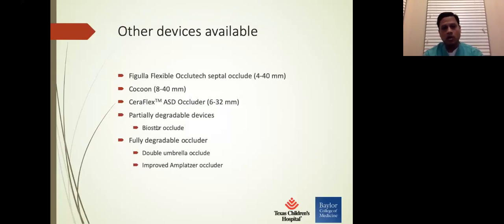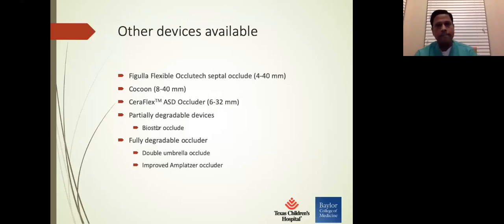These are all some versions of the Amplatzer devices with the frame looking pretty much similar. They differ in their delivery system. The Amplatzer devices have a very stiff delivery system, versus a lot of these devices have very flexible delivery systems, so you would know how the device would look once you deploy it, versus the Amplatzer device, you probably won't know till you release how the device would look like.